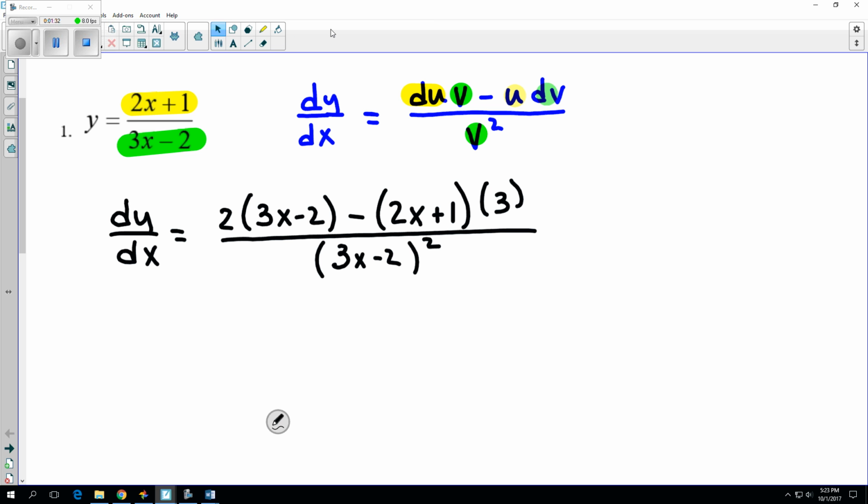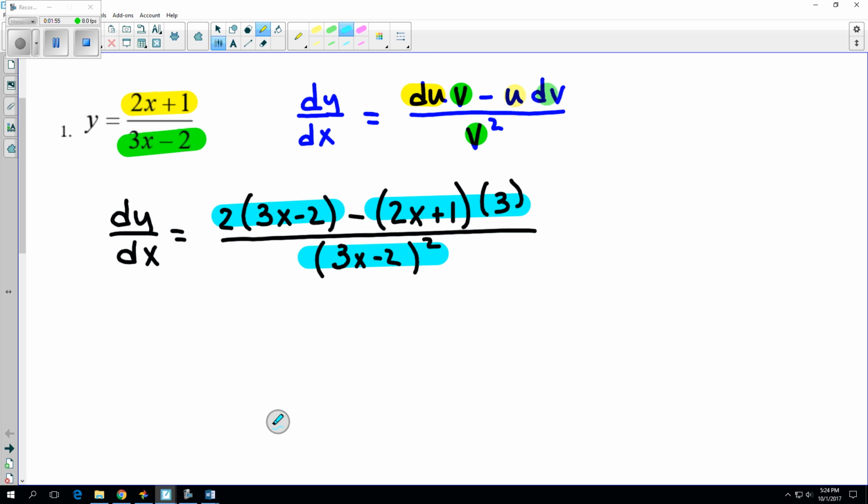Now sometimes we'll run into simplification, and this is now algebra. There's no more calculus involved here. Many times we want to cancel the 3x minus 2, but there's not a 3x minus 2 in the second term. So there are three terms. This has a 3x minus 2, this has a 3x minus 2, but the second term in the numerator does not. So you cannot cancel.